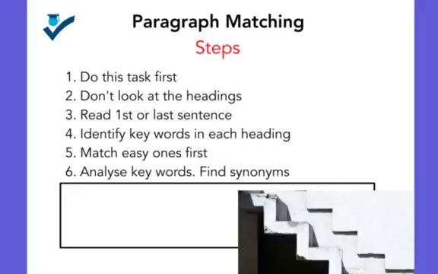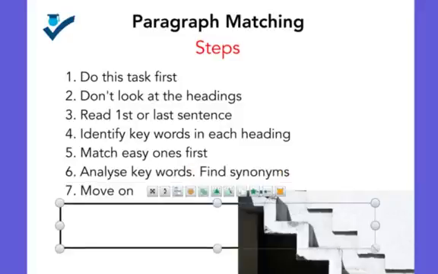Next thing you're going to have to do is move on. Very simply, move on. If you still can't pick one, if you're stumped, move on, because you'll find the answer later on. Don't panic. If anything, you'll lose 1 mark.